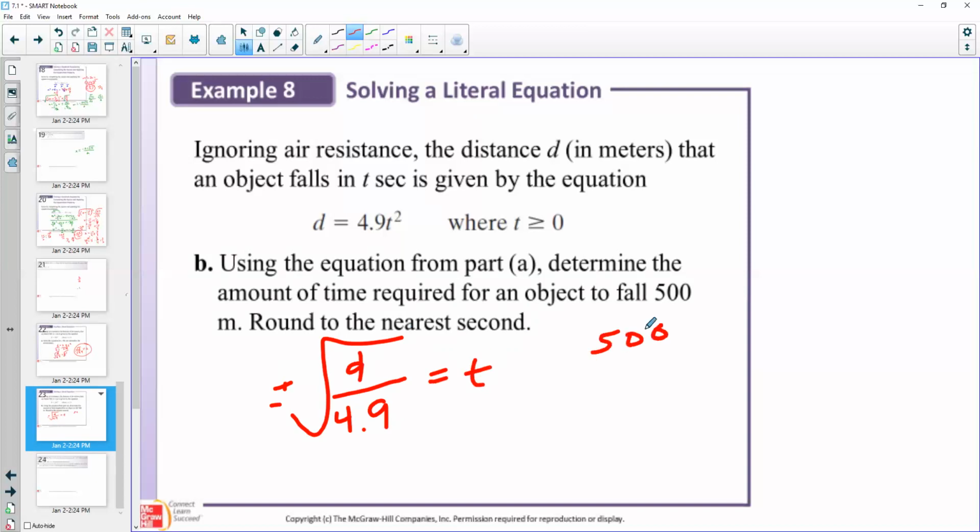So the square root of 500 over 4.9 equals time. I'm not going to give you the negative here, only because there's no negative time. You can figure this out in your calculator. 500 divided by 4.9, take the square root, we get about 10 seconds.